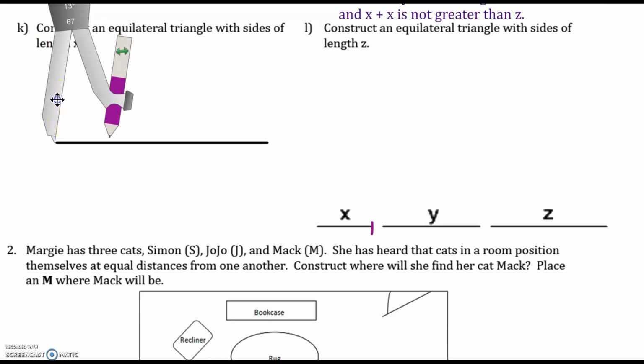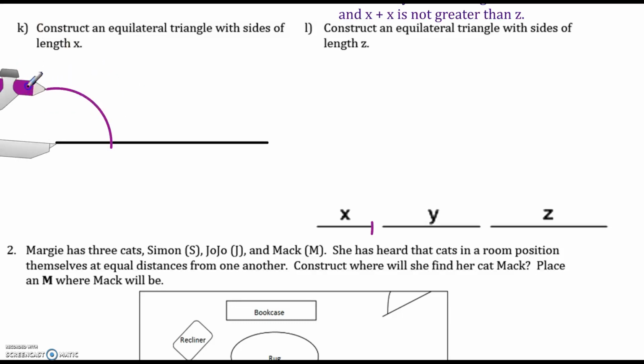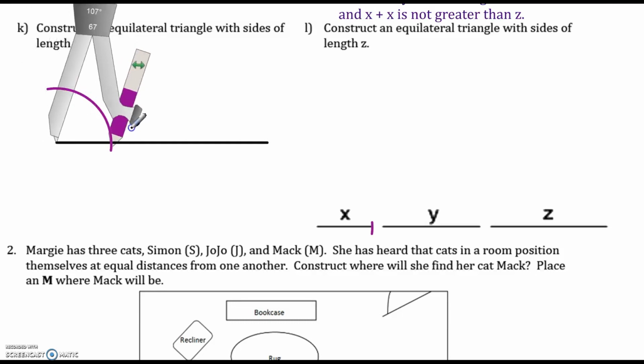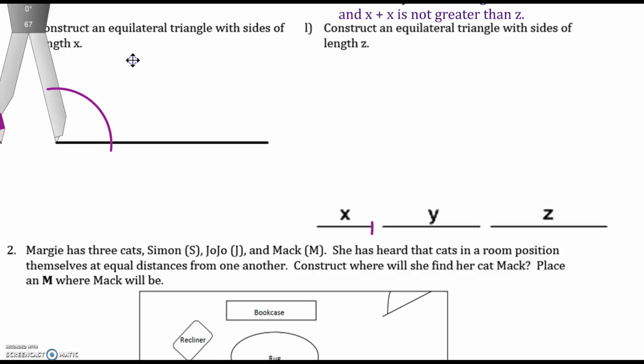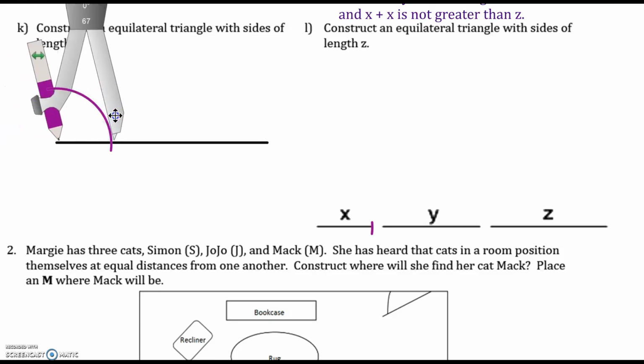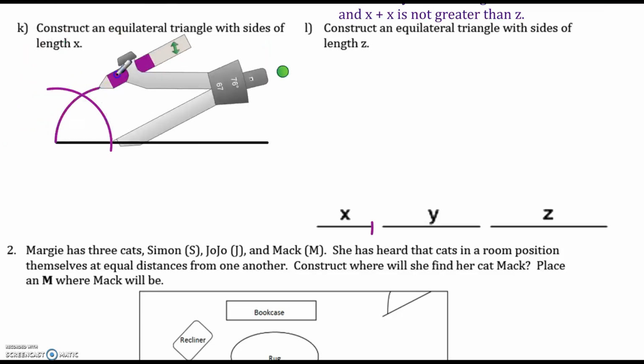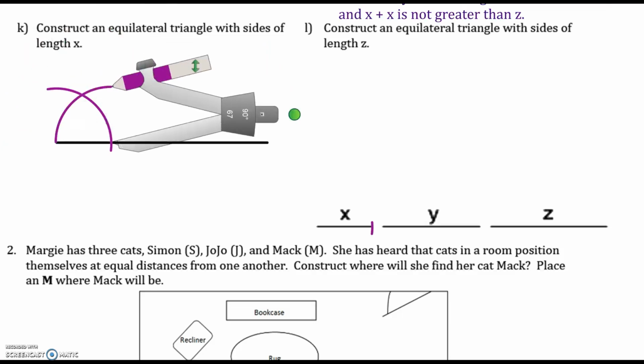And then I'm going to swing that arc so that it crosses, and then I'm just going to keep going upward, because that whole side is going to be that length as well. Then I'm going to flip my compass around and go to that intersection, and I'm going to create another arc. And where they cross will be the vertex of my next triangle side. So that would be here and here, and that would be creating my equilateral triangle where all three sides are the same length of X.